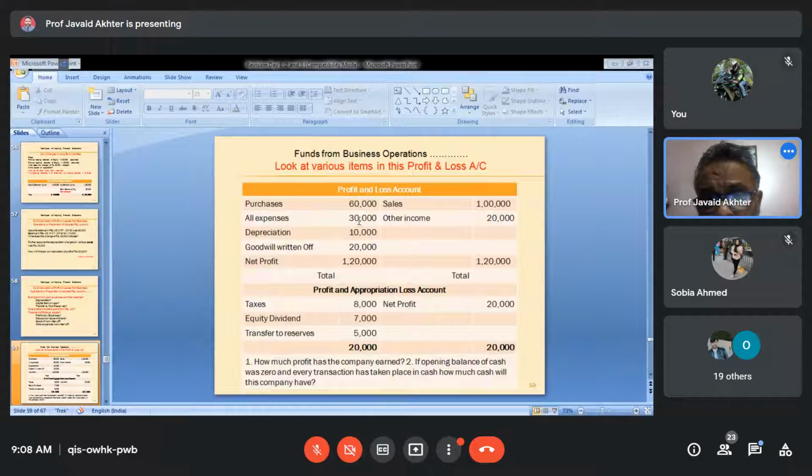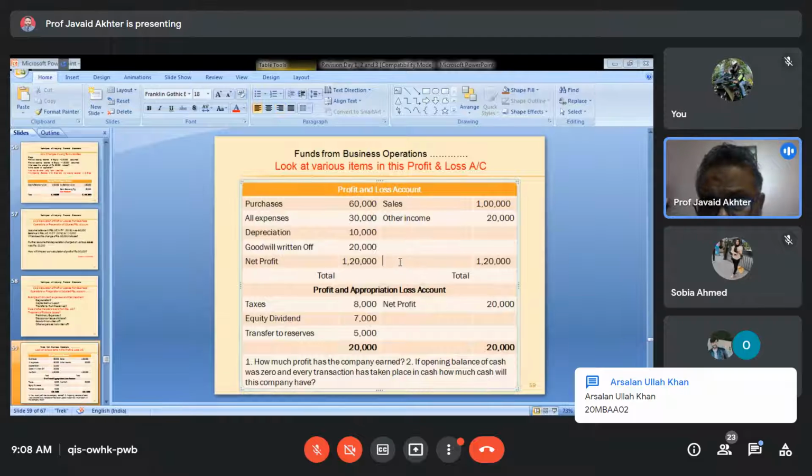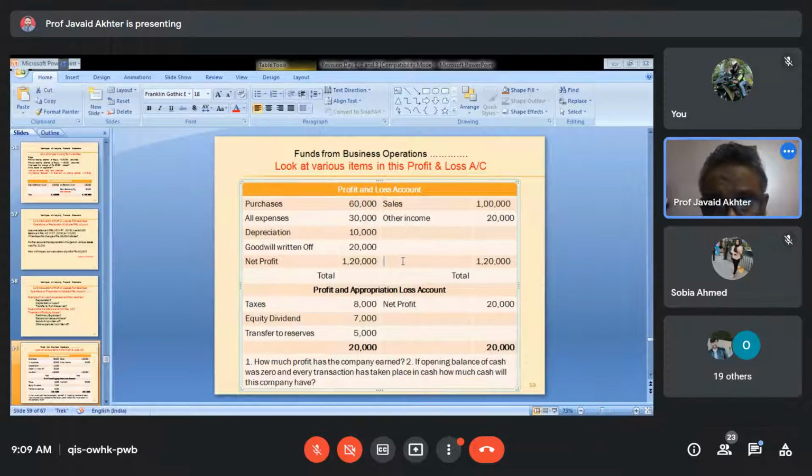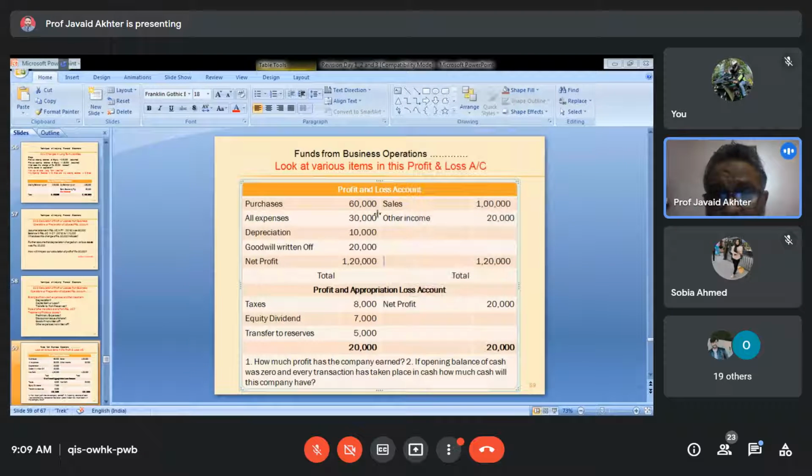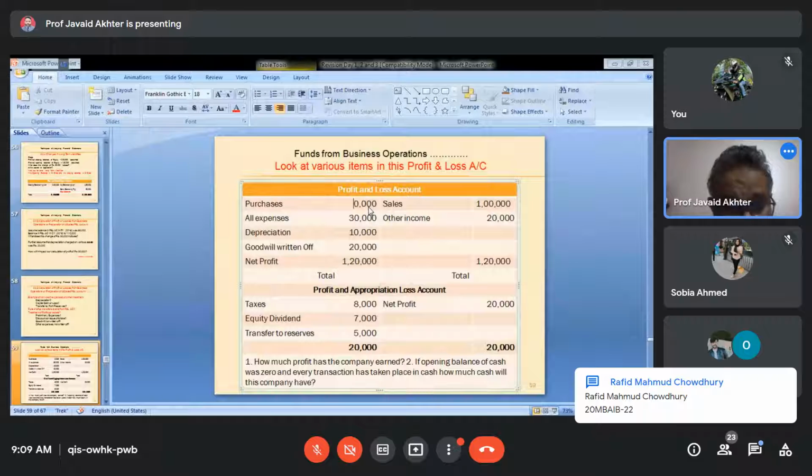just 1 second. 60, 30, 90, 100, goodwill written off 20, 120, other income. Net profit, just one thing, let me recheck it. Okay, let me just change it a bit. Let me make purchases 40.